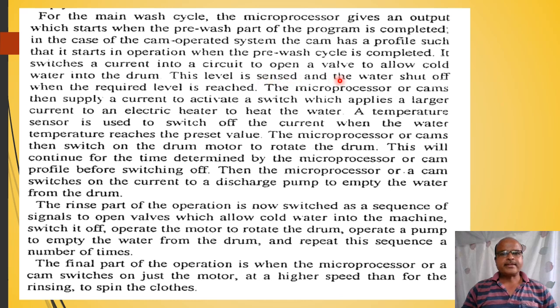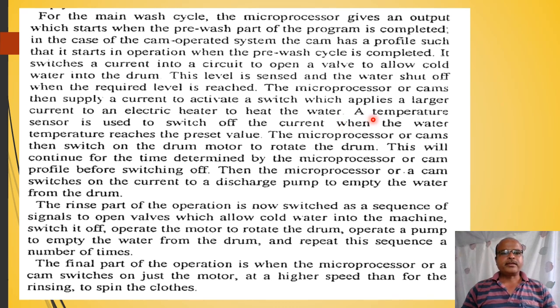This level is sensed and the water shut off when the required level is reached. The microprocessor or cams then supply a current to activate a switch which applies a larger current to an electric heater to heat the water. So this process of the machine working is explained in detail. That is, cold water, hot water is used in that.